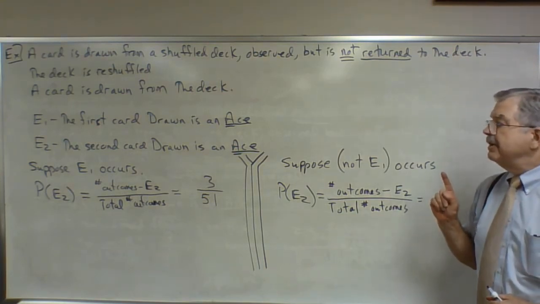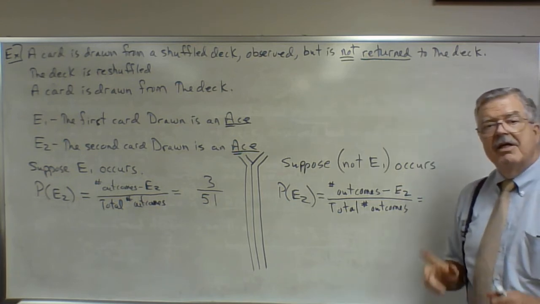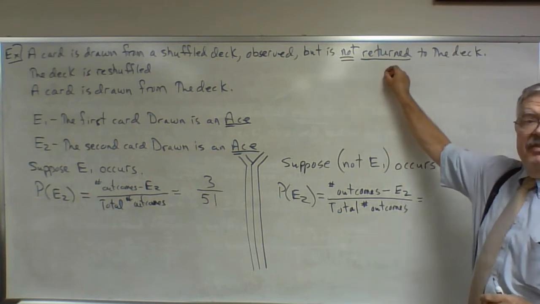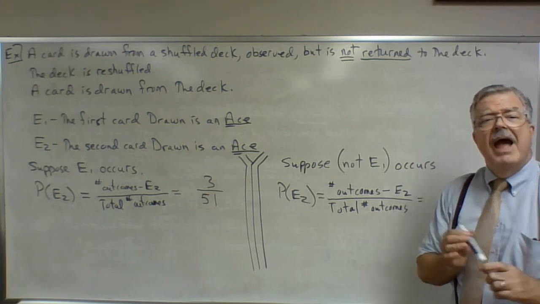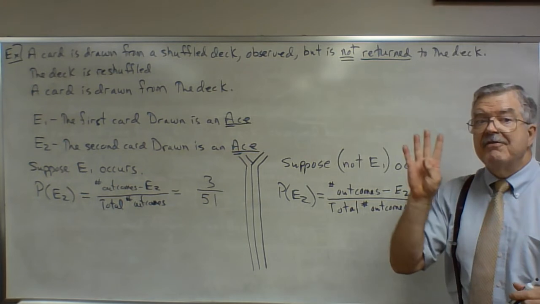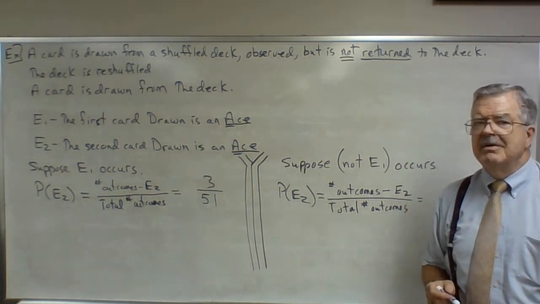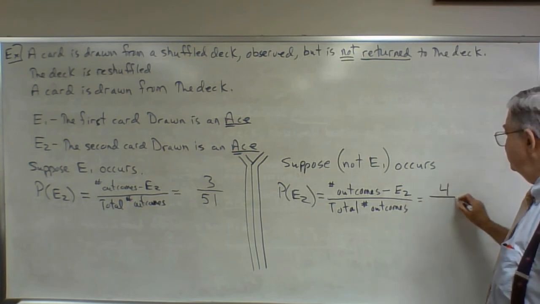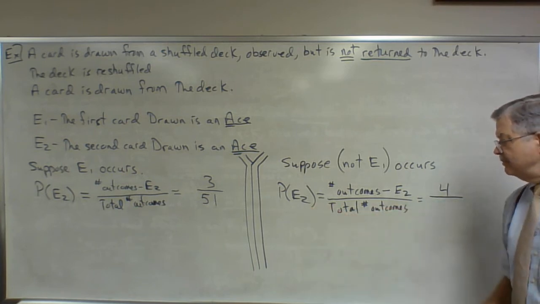We selected a card from the deck and didn't return it. That card was not an ace. So after we take that first card, look at it, put it in our pocket, how many aces are left in the deck? 4. Because the first card that we selected was not an ace. So there are still 4 ways that we can draw an ace on the second draw.